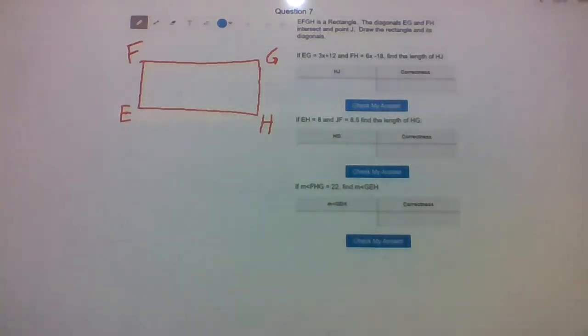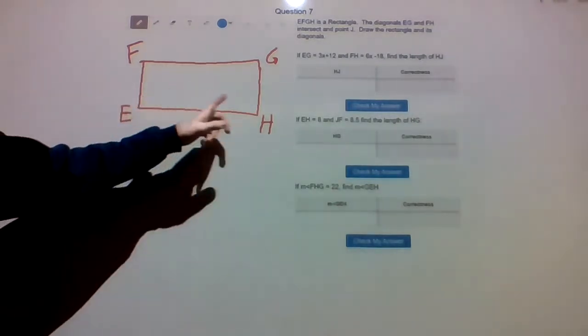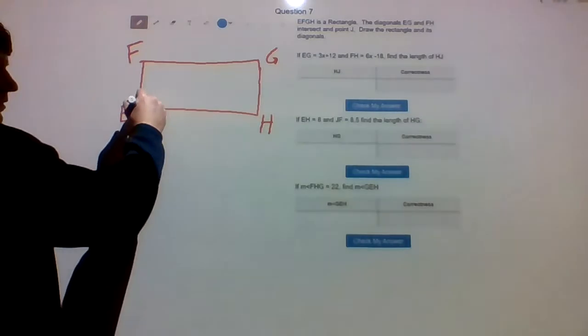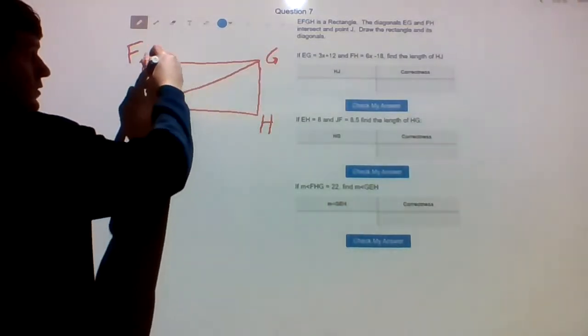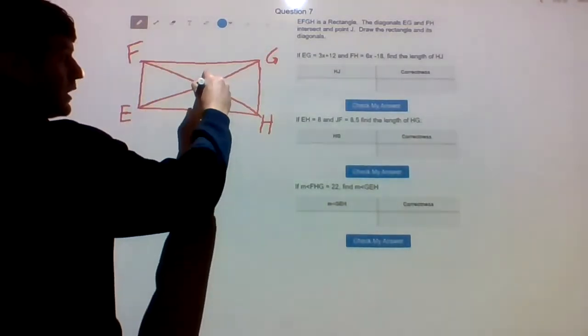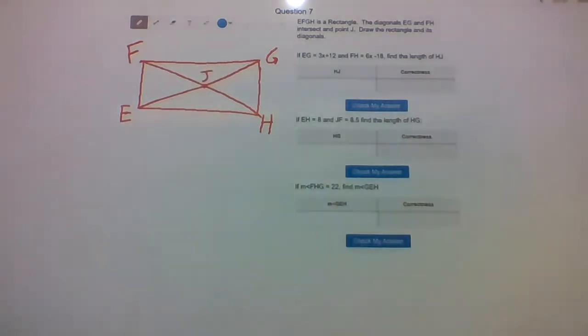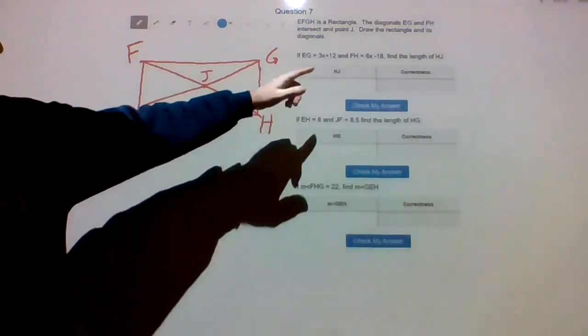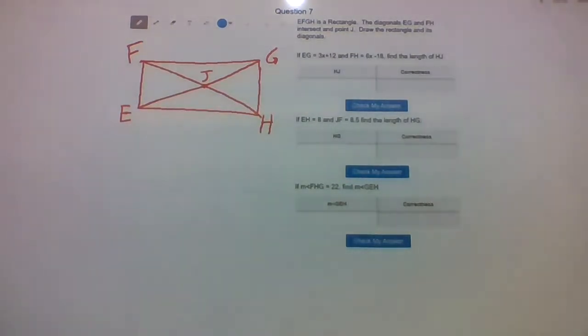EFGH. Okay, it's a rectangle, so you know you have right angles in the corners here. Diagonals EG and FH here are going to intersect at point J. Okay, if EG equals 3x plus 12 and FH equals 6x minus 18, find the length of HJ.